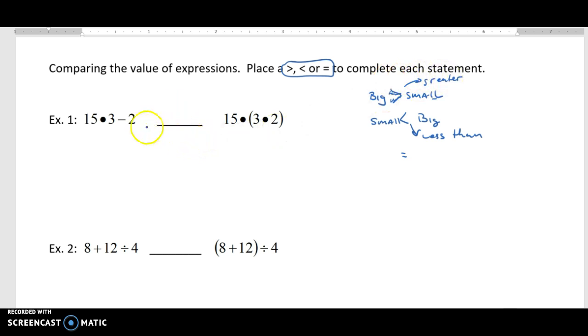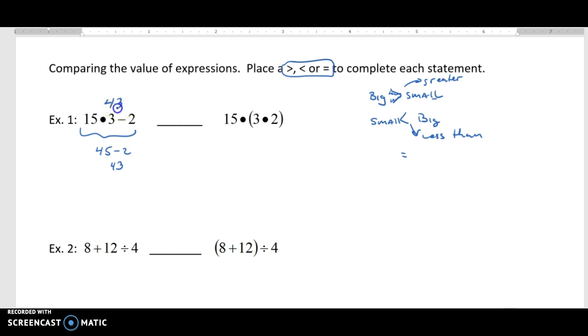So what we have to do is, if you see this, all the same numbers are here, but one expression may be greater than, less than, or equal to the other. So we're going to evaluate this side, completing the correct order of operations. 15 times 3 is 45. 45 minus 2 will give me 43.